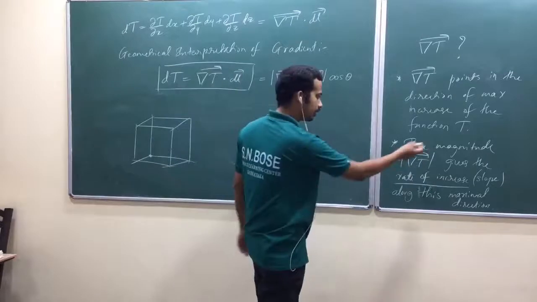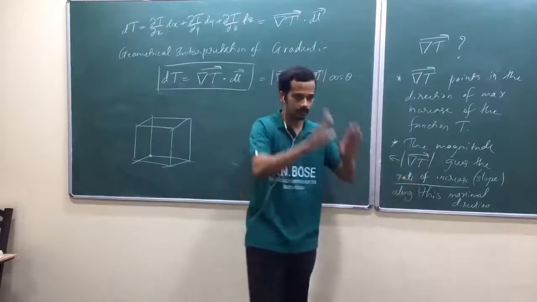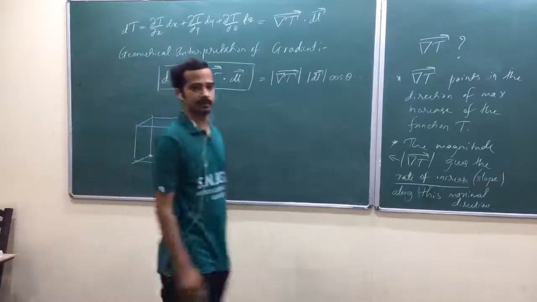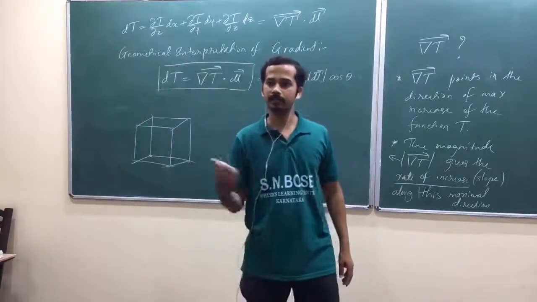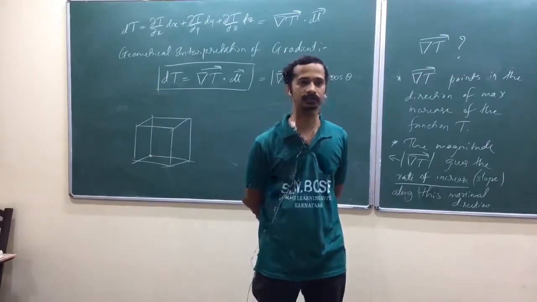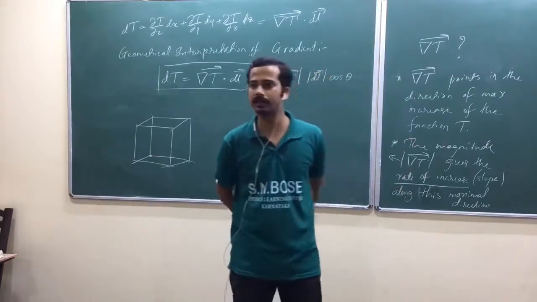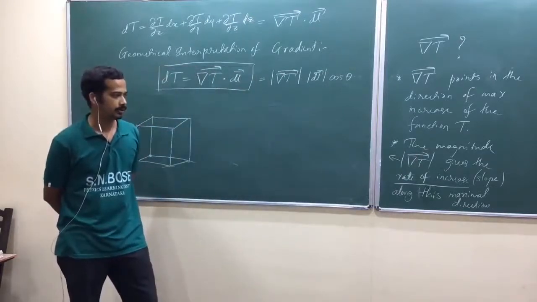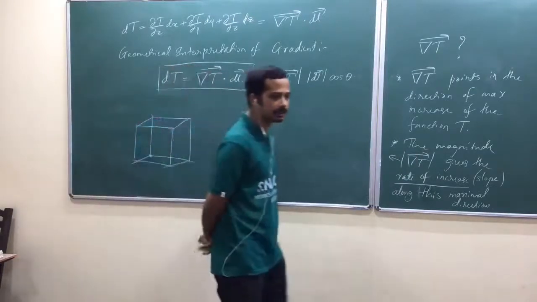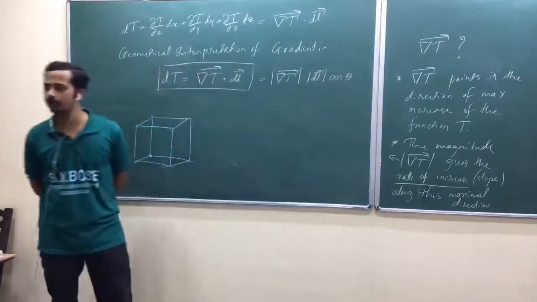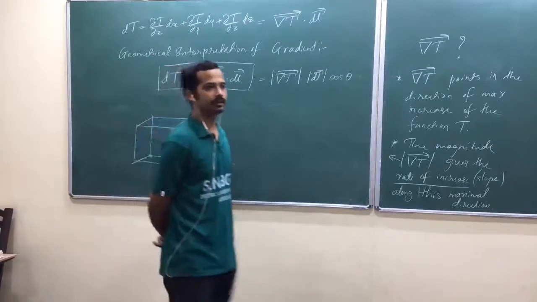So the mod of the gradient of T is the maximum rate of change of temperature. And what happens when you move along the gradient direction? The magnitude of the gradient of T is the maximum possible rate of change of T.